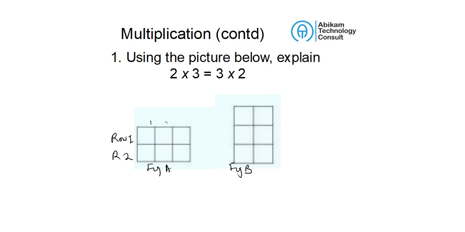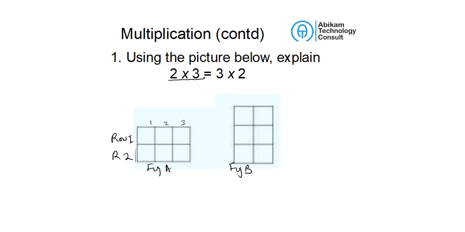So for each row there are 3 squares. So can we count everything all together? It means we have 2 rows multiplied by 3, and that is what we have here. So multiplication is also counting, but we are counting same copies.